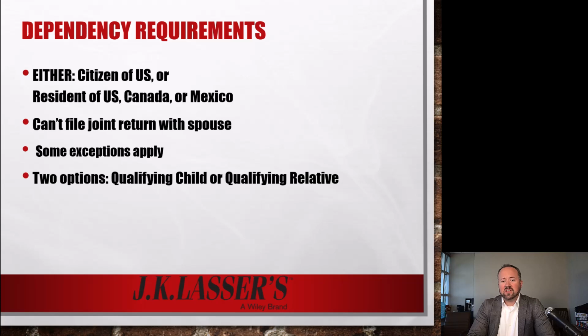So when we think about dependents, again, one of the biggest misconceptions that I tend to see in practice is applying really general colloquial understandings of terms to a situation.